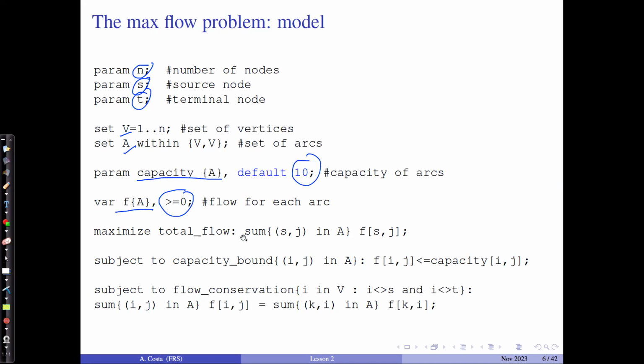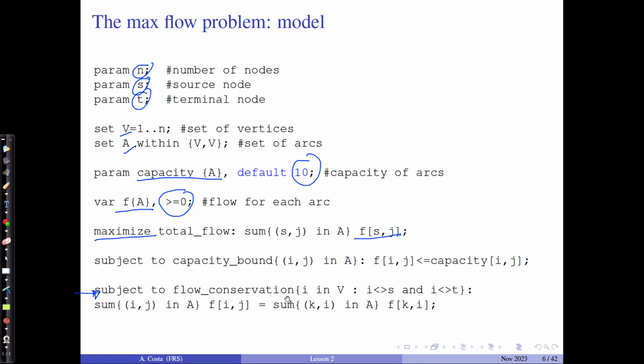What we want to do is to maximize the total flow. This is the objective. The total flow we discussed last time is either the flow out of the source or the flow that is entering the terminal, it is the same. And why is it the same? Because of this constraint that is the flow conservation.